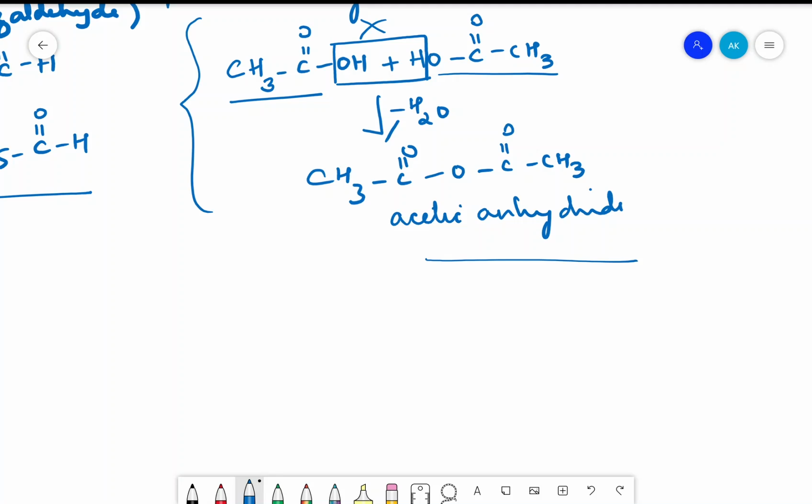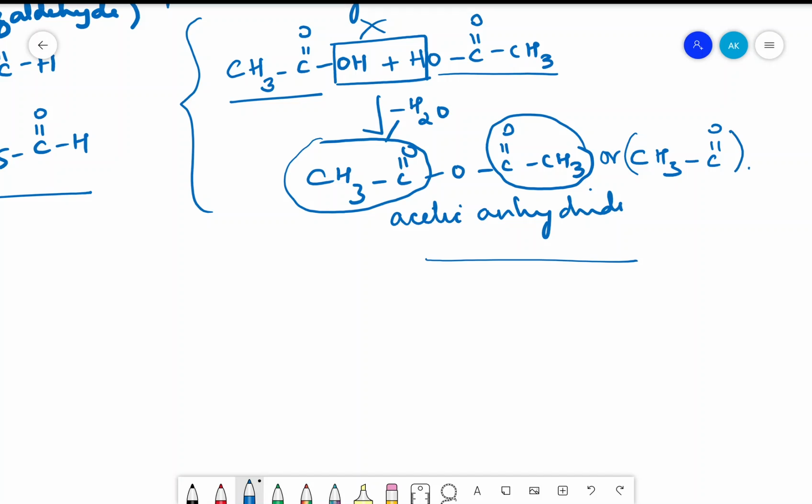Acetic anhydride is also written as, because we have CH3 C double bond O and CH3 C double bond O written twice, it can be represented as CH3 C double bond O taken twice, and the leftover part is O. In some textbooks and even in my notes it is represented in the same way, where I can directly write CH3CO twice along with O. That means it is anhydride.